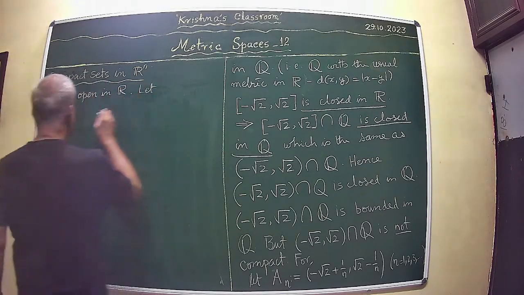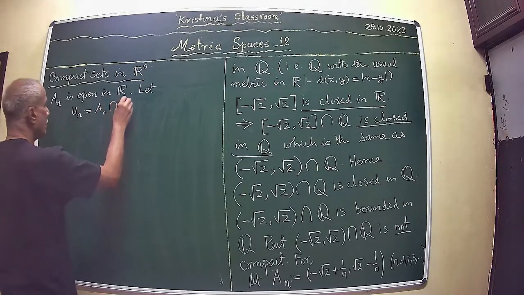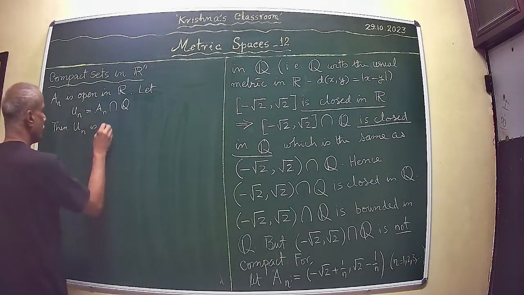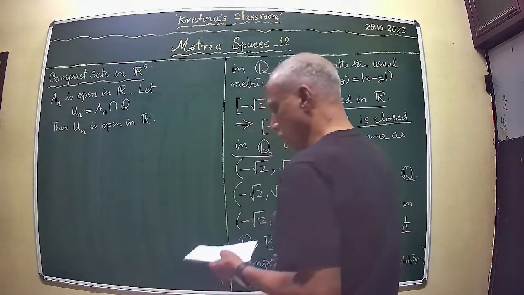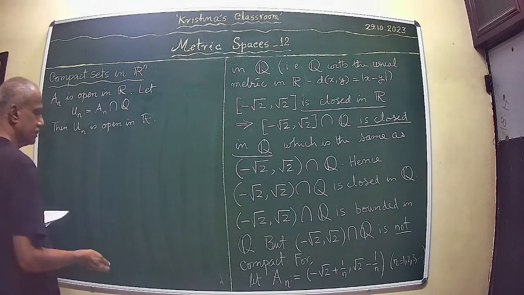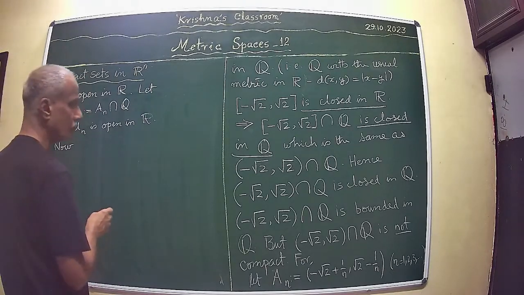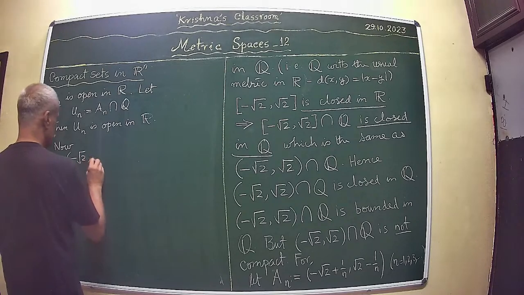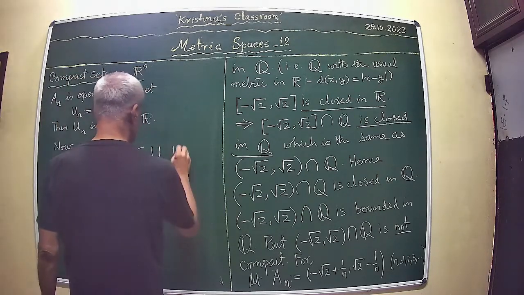Let each U_n be open. Now you can easily verify that the union over n to infinity covers.